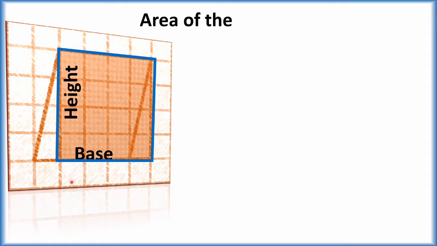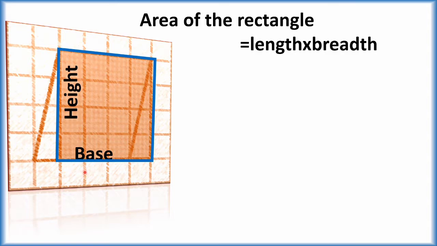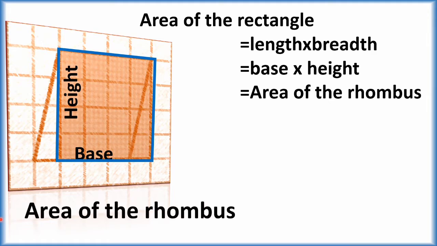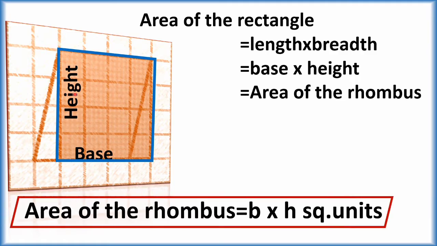We know area of the rectangle equal to length into breadth. So substitute the length as base and breadth as height, it will become the area of the rhombus. So area of the rhombus equal to B into H square units. If base and height is given, we need to use this formula.